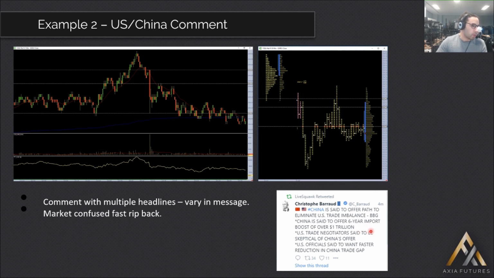But when you hear the subsequent parts of the comment which may not support your idea, it is an opportunity to execute slightly differently, as opposed to the prior example where it was very much binary, clear cut. You've seen what you want to see, now take the trade.